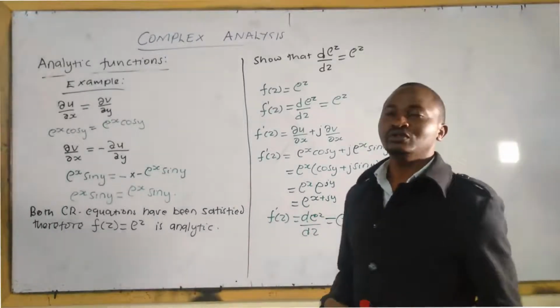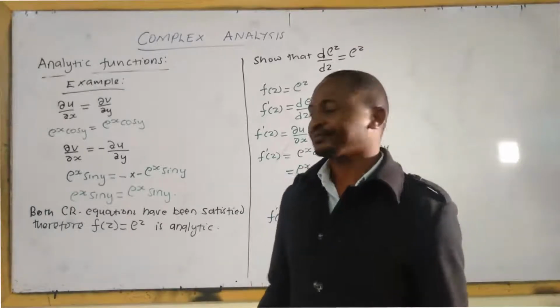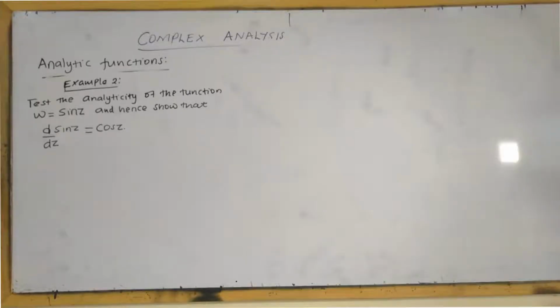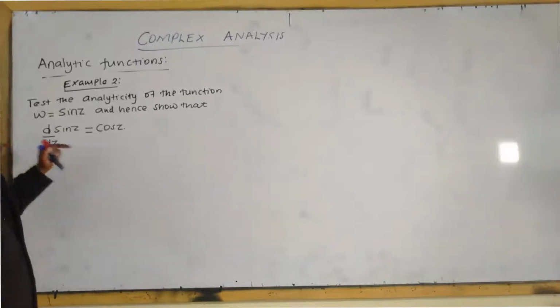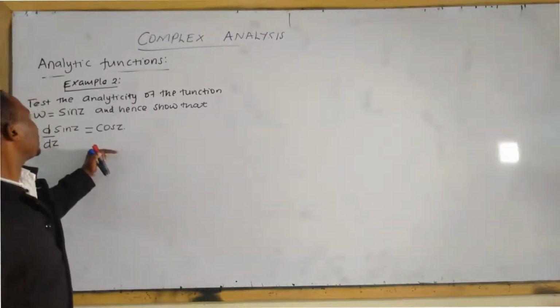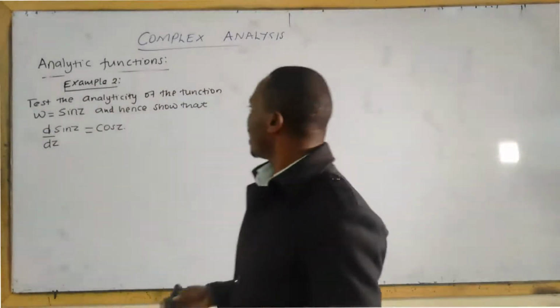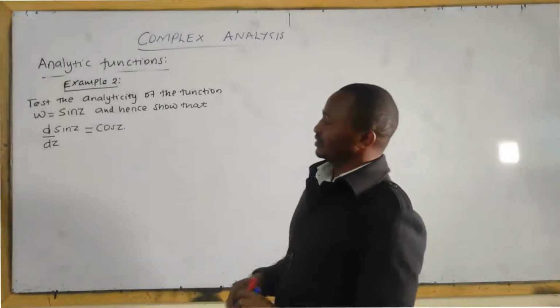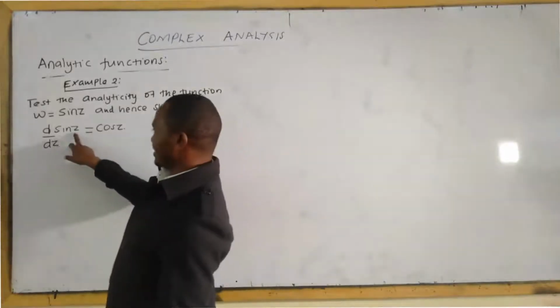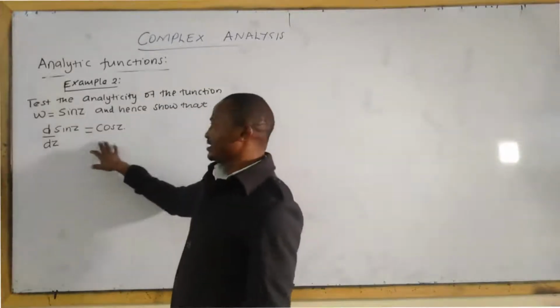We are now going to do our second example. In this example, we are told to test the analyticity of the function w is equal to sin z, and hence show that the derivative of sin z with respect to z is equal to cosine of z.